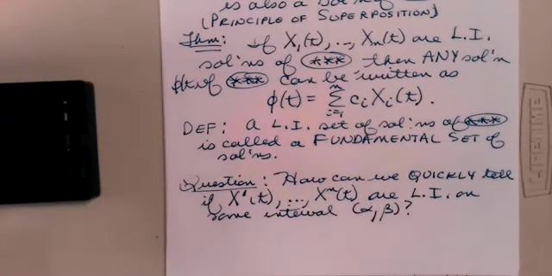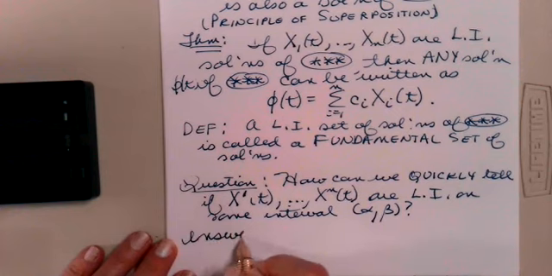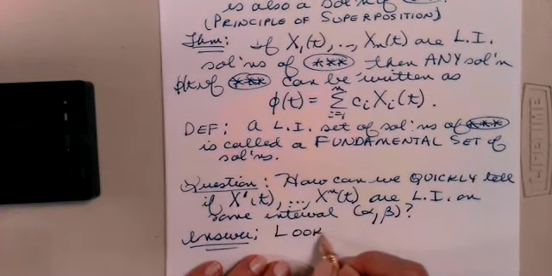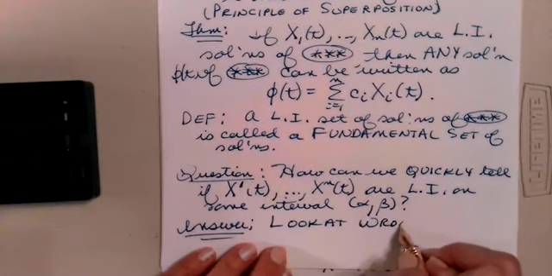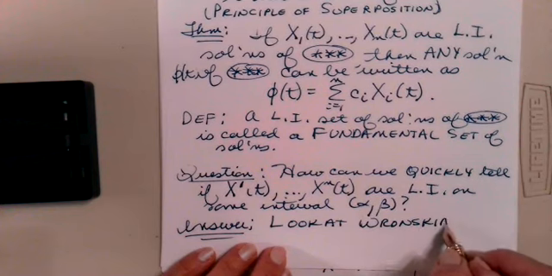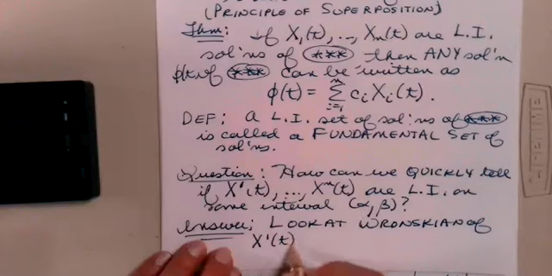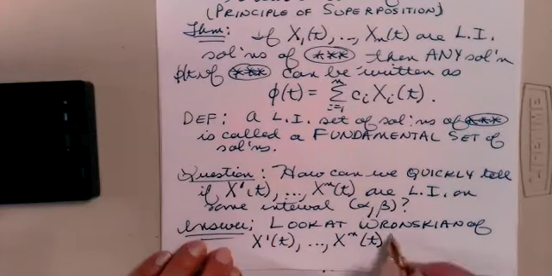How can you quickly tell that? Okay. And the answer: look at the Wronskian of these vectors.